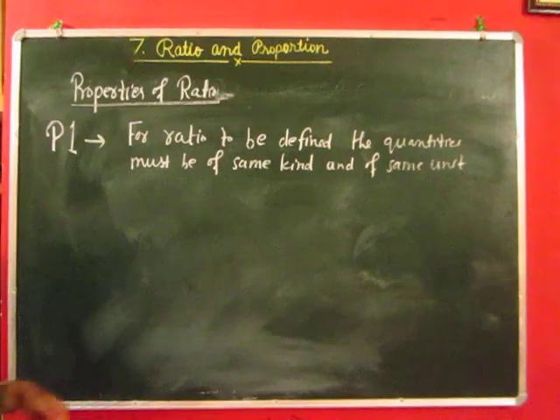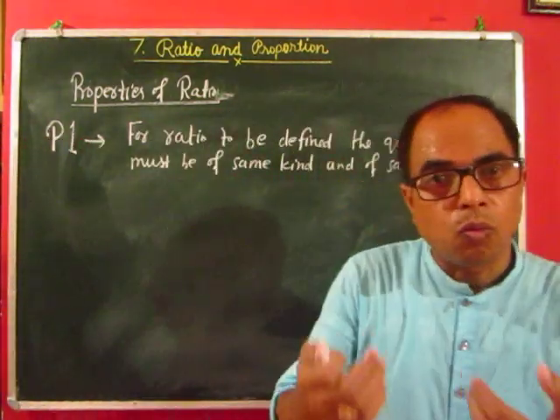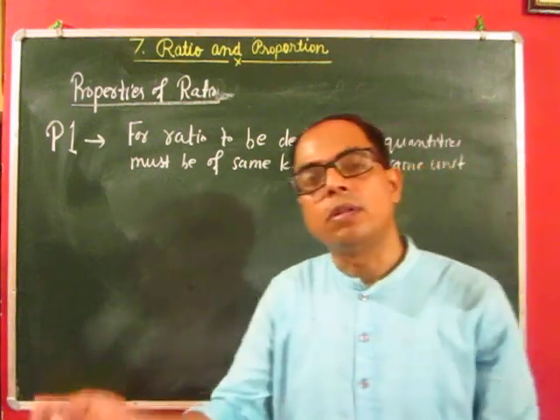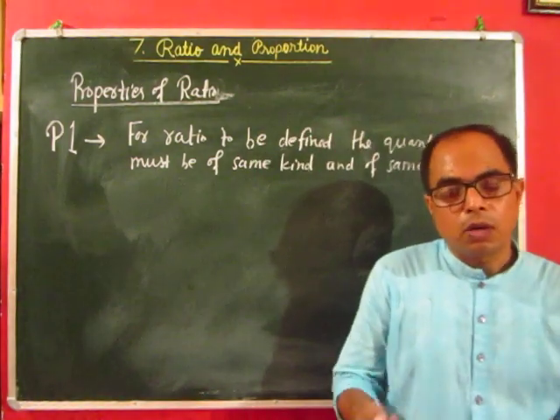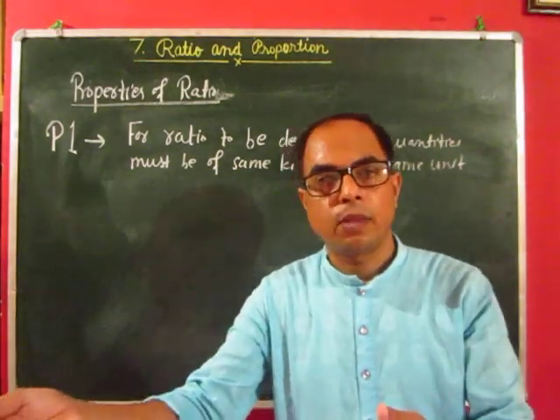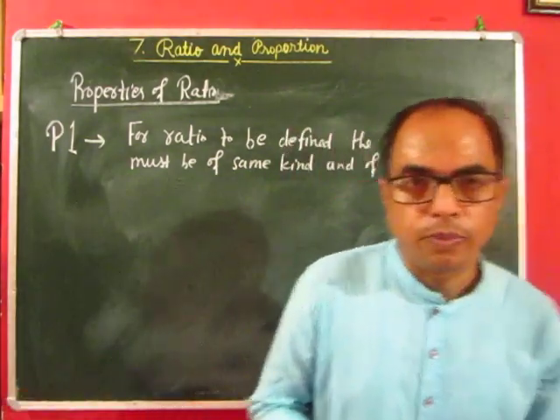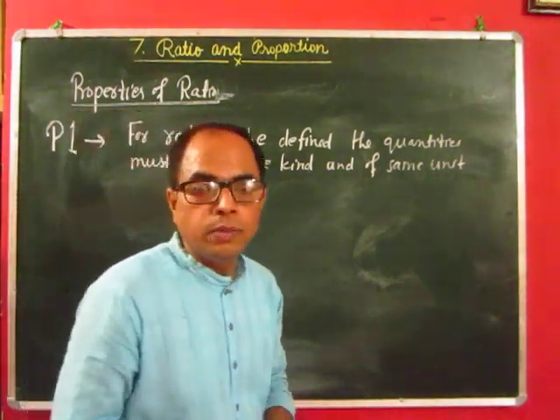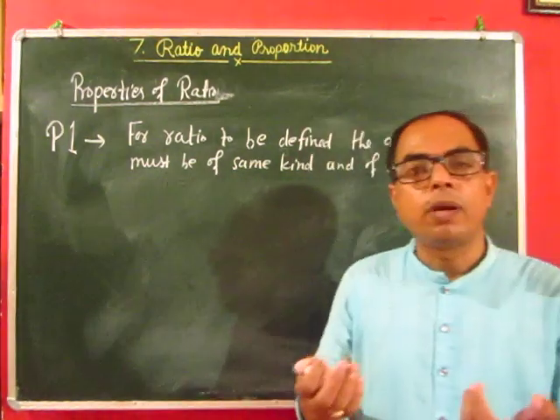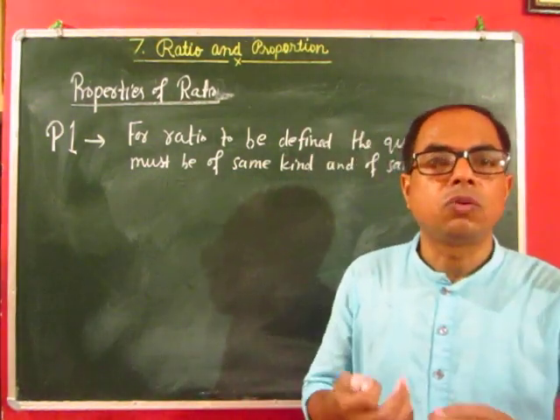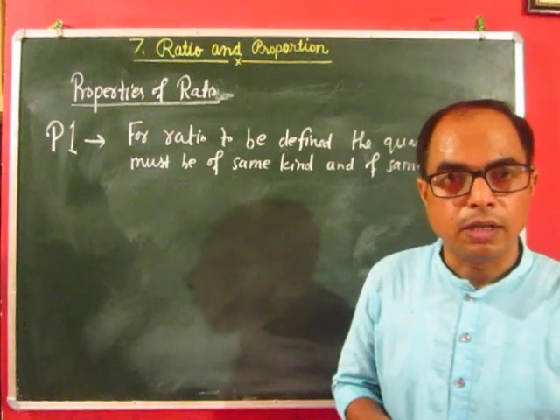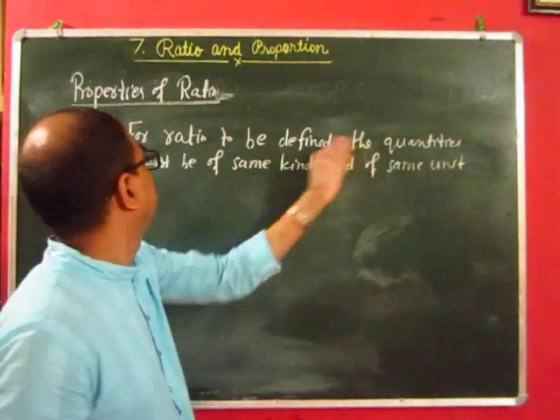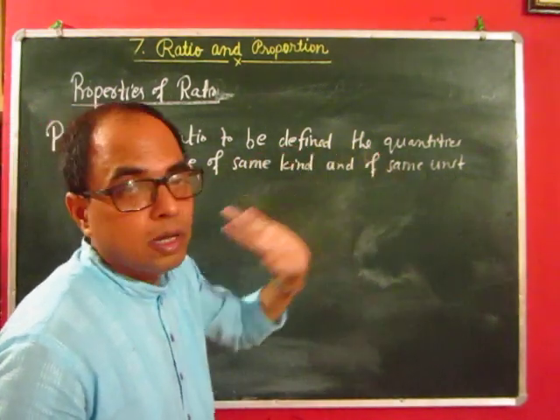We cannot compare the weight of one person with the salary of another person. We cannot compare weight with height. It is not meaningful. How can you compare my weight with my height? Or can you compare my weight with my salary? It is totally meaningless. It is not significant. So for a ratio to be defined, the quantities must be of the same kind and same unit.